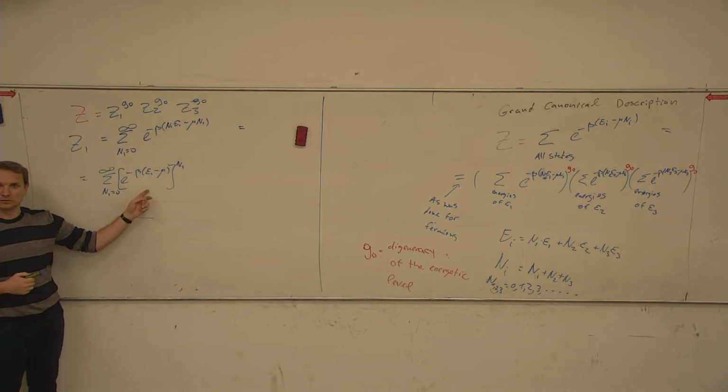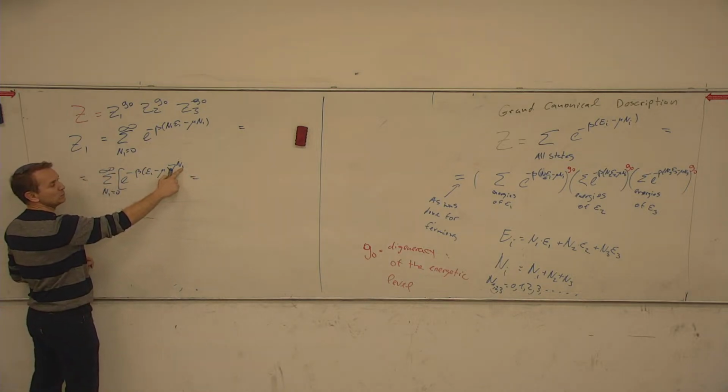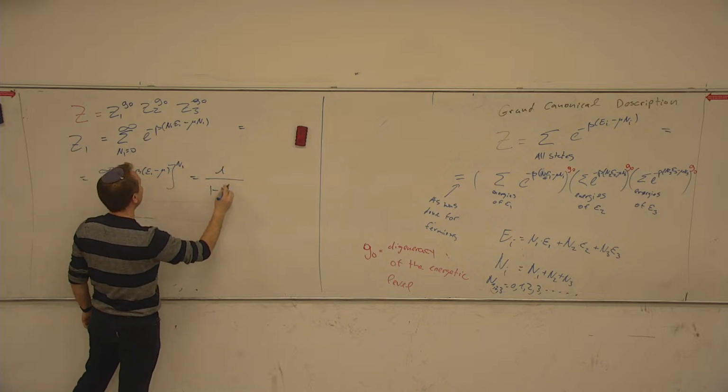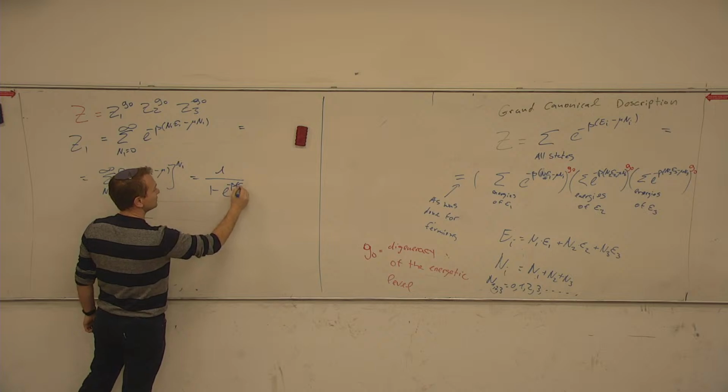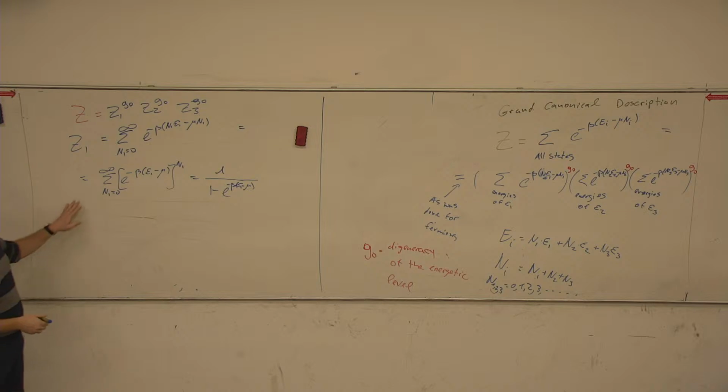So this is a geometric series. n1 goes from 0 to infinity. The first term, when n1 equals 0, is simply 1. So I have 1 divided by 1 minus e to the power minus beta epsilon 1 minus mu. So this is z1.